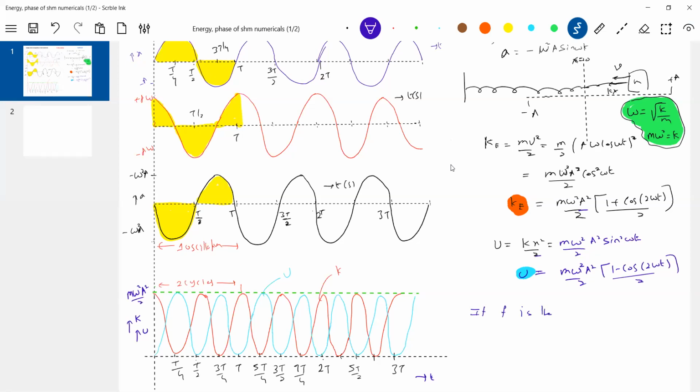If f is the frequency of oscillation of the block, then the frequency of kinetic energy or potential energy variation will be 2f. I'll write it.